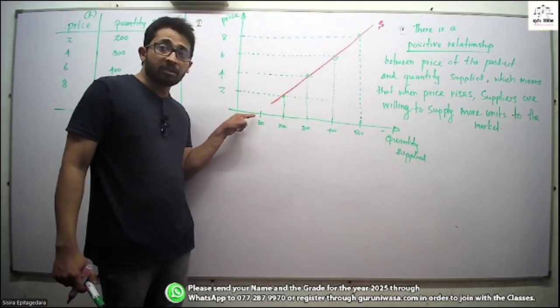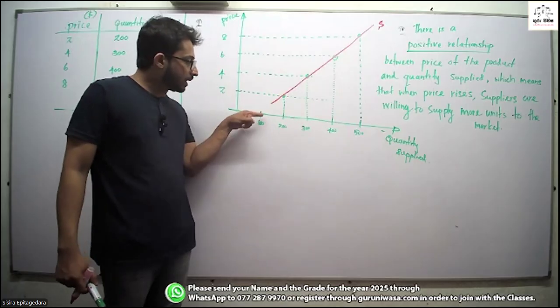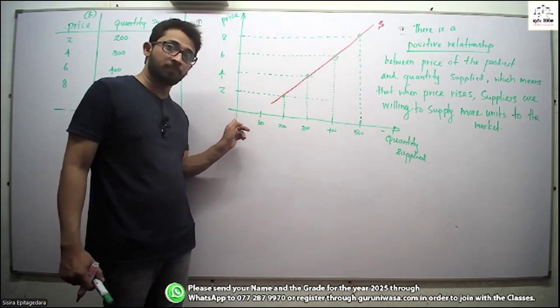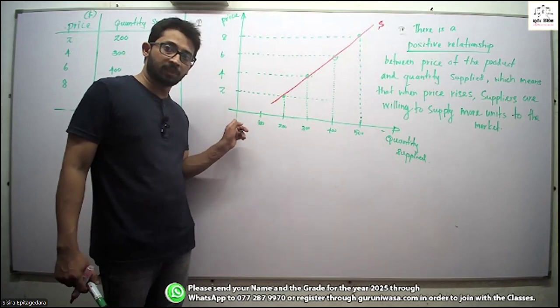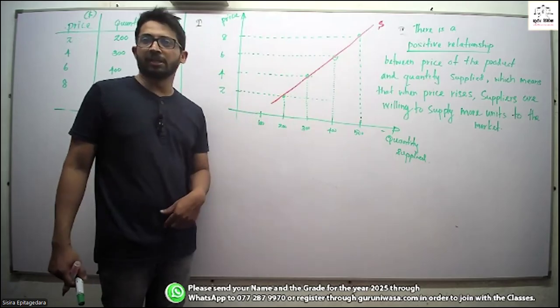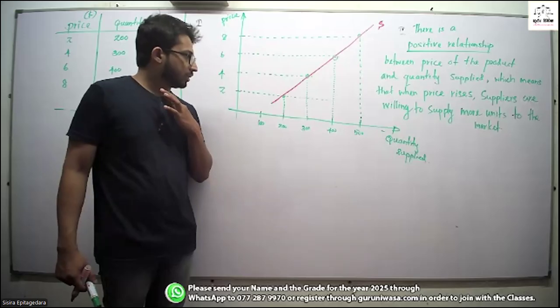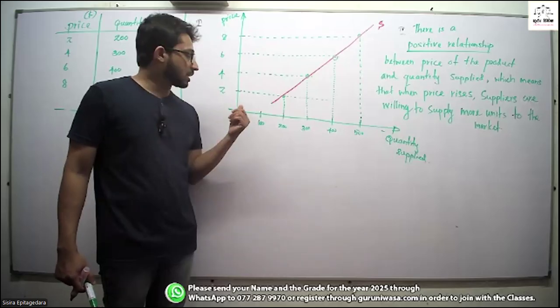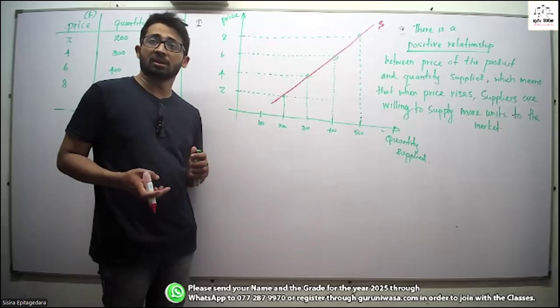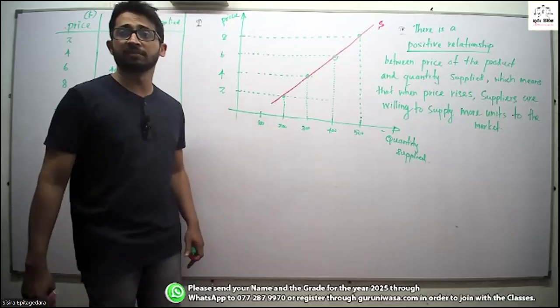Remember, Dinal, if you extend this supply curve, your curve will touch the quantity supplied axis at around 100, not at 0. Okay, it's an additional point. Don't worry about that. What I need to say, this supply curve does not start from origin. Dinal, where is origin?